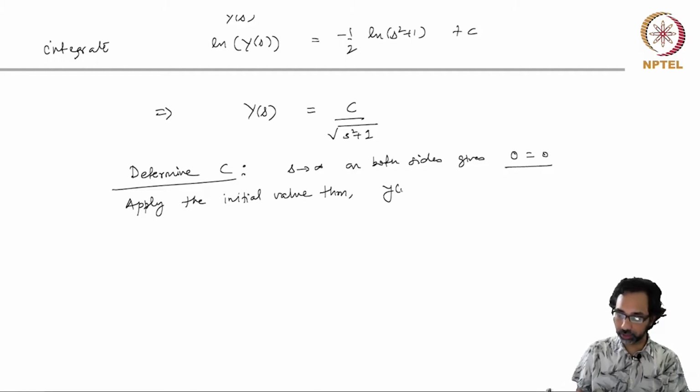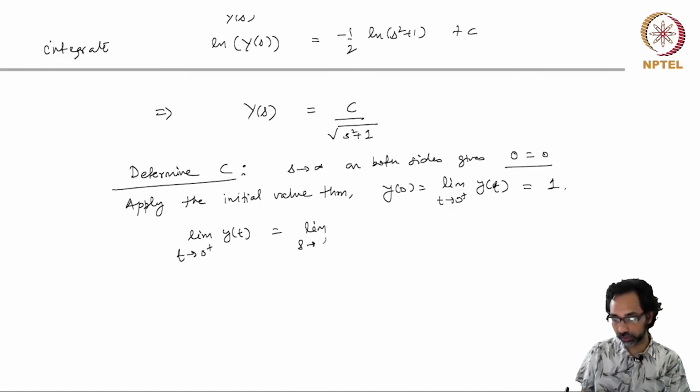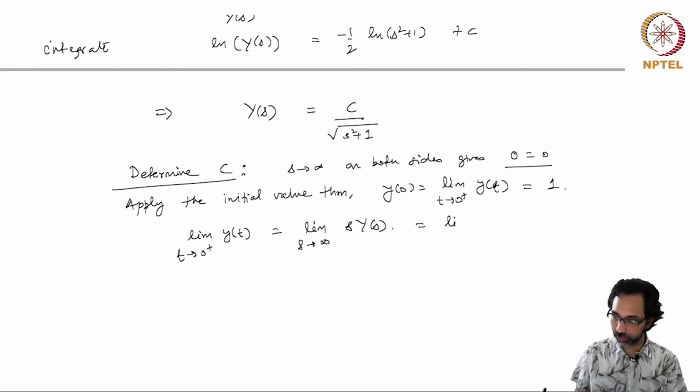We know that y(0), which is the limit as t tends to 0 plus of y(t), is given as 1, and this equals the limit as s tends to infinity of sY(s), which is the limit of cs over square root of s squared plus 1.